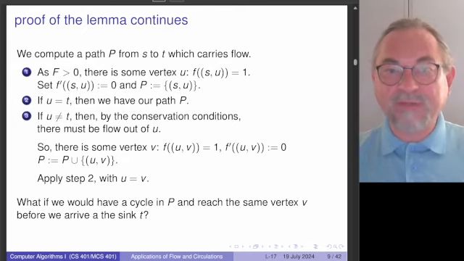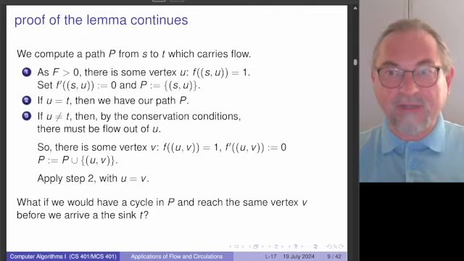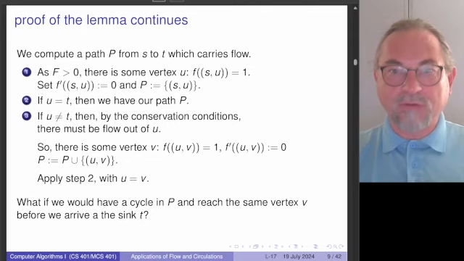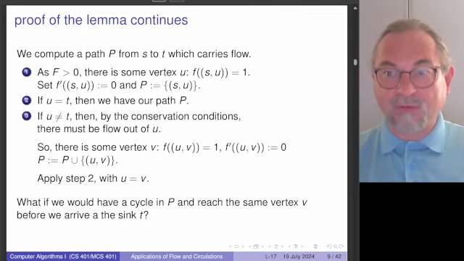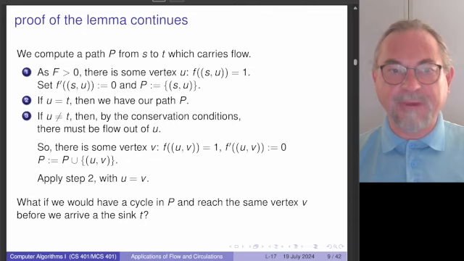So there is another vertex v, for which v is connected to u, and there is a flow. So we ran the Ford-Fulkerson algorithm, and we found the flow. So we're going to define the new flow as 0, and then add this edge uv to the path. Again, if v is the source, then we stop.